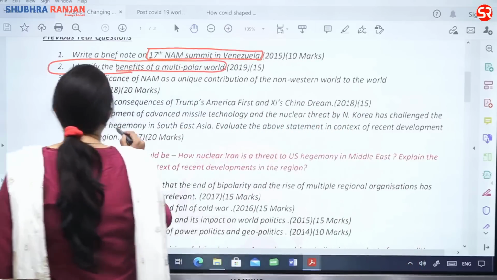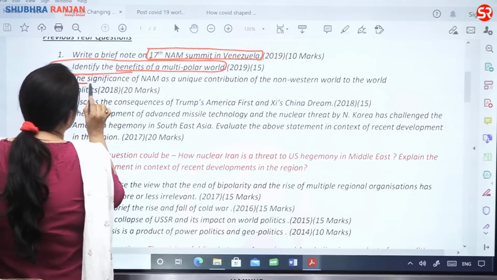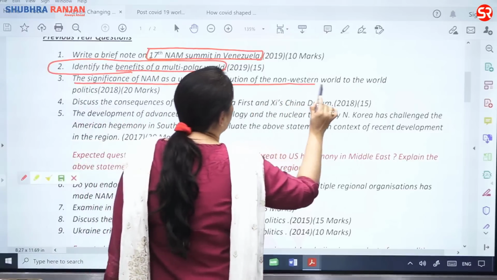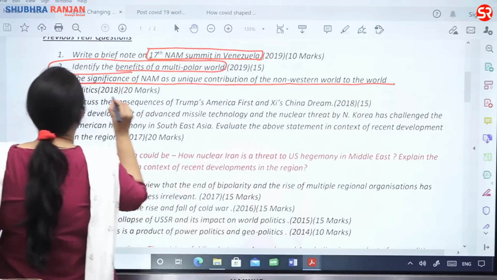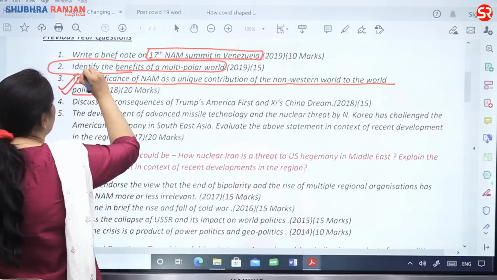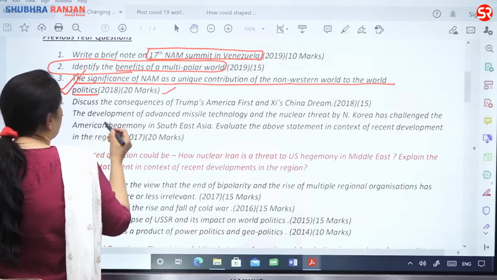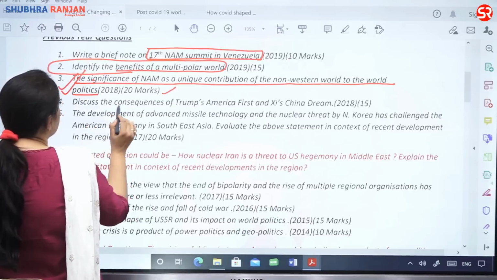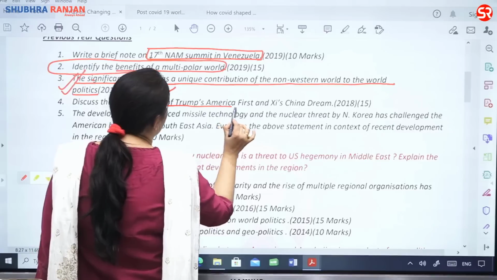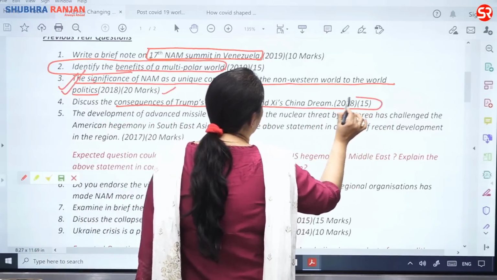Again in 2018, without a gap, they asked about the significance of NAM as a unique contribution of the non-Western world to world politics. This is again a critical evaluation of NAM for 20 marks. Next, 2018: discuss the consequences of Trump's America First and Xi Jinping's China Dream.